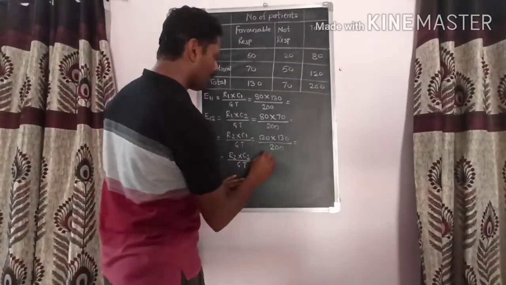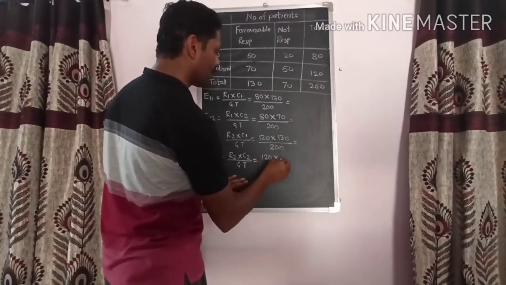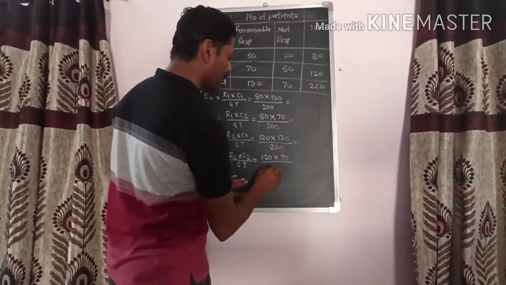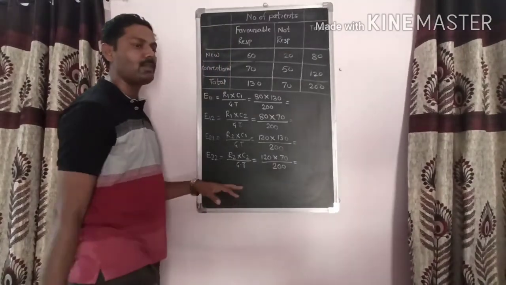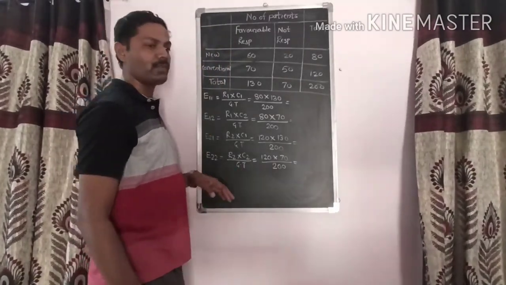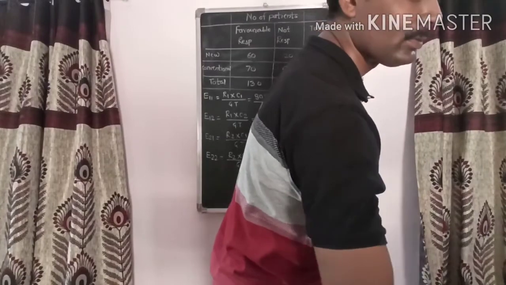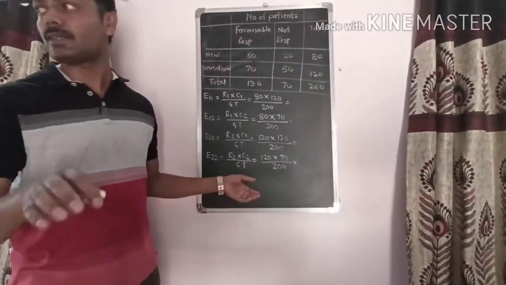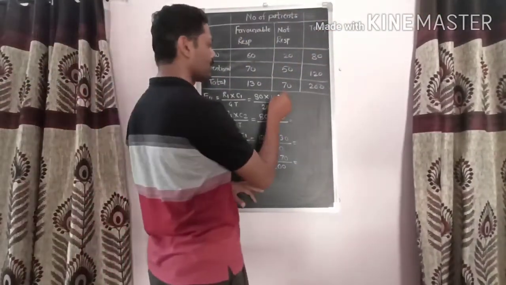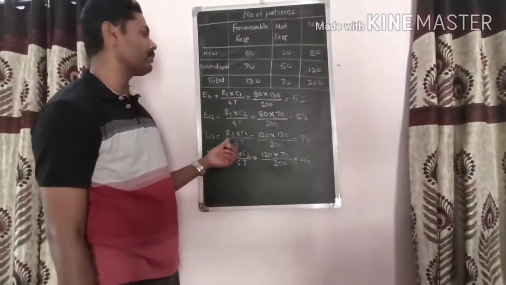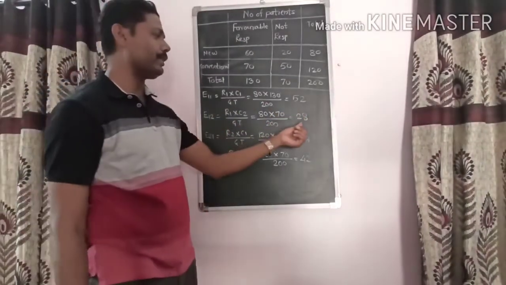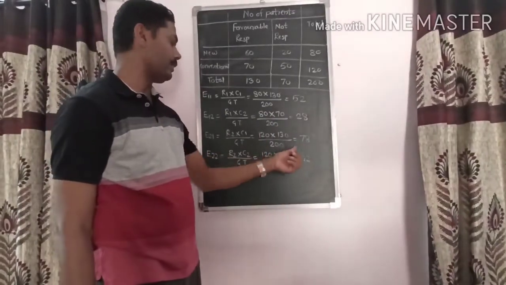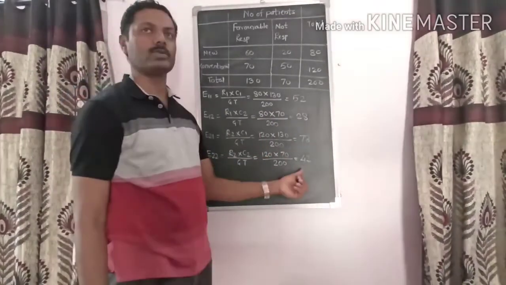Second row total 120, second column total 70 divided by 200. So we will have these expected frequencies: E11 52, E12 28, E21 78, E22 42.